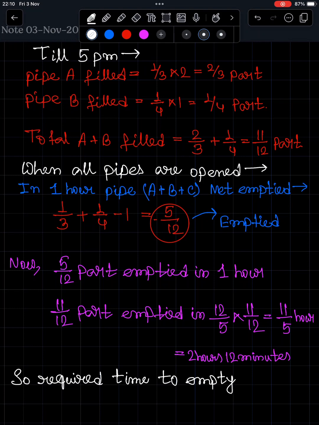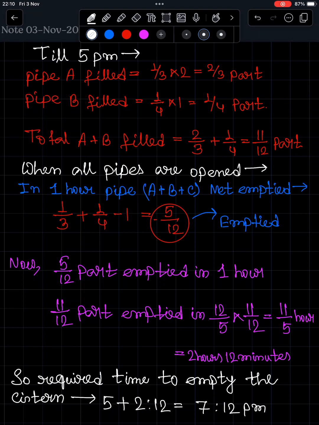So the required time to empty the cistern will be 5 p.m. plus 2 hours 12 minutes, which means 7:12 p.m. Because before 5 p.m. the cistern was not being emptied.